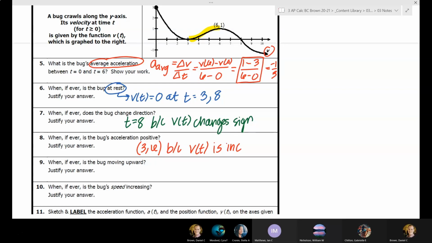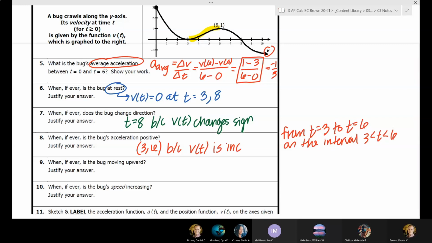Other ways you could do it, you could say something like from t is equal to 3 to t is equal to 6. That works. Or you can say on the interval 3 to 6, but I think you can probably agree with me that interval notation is the shortest way to write it.